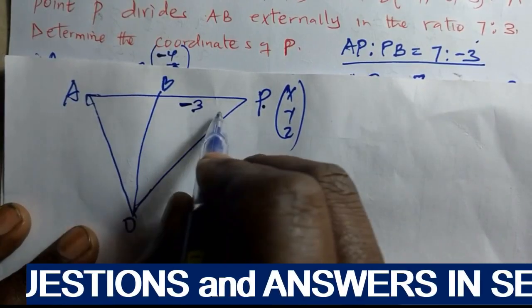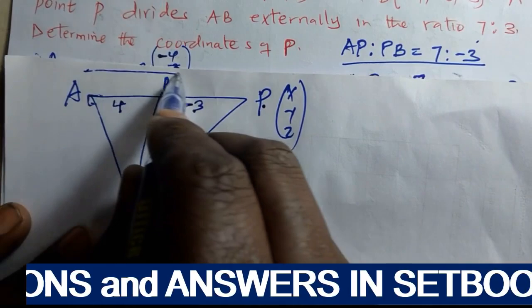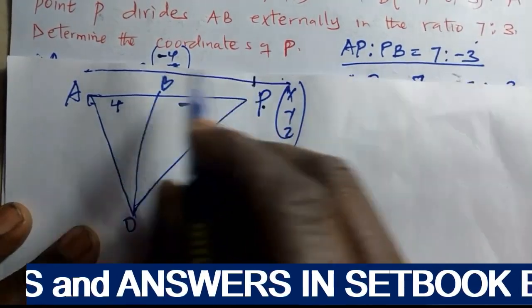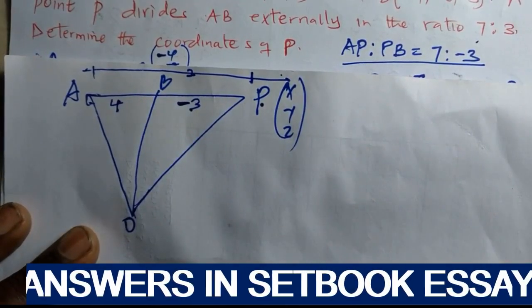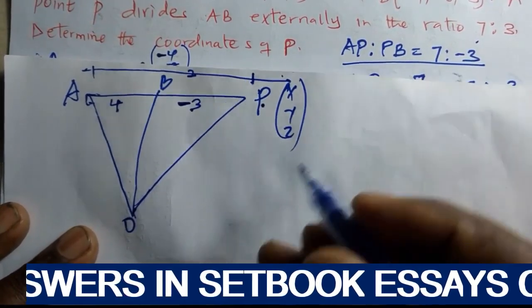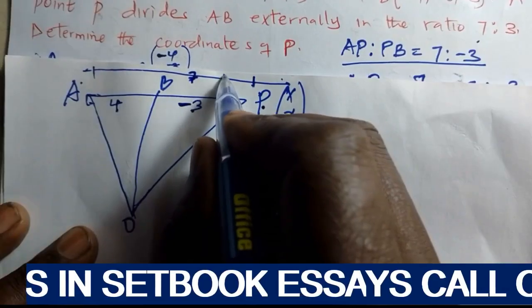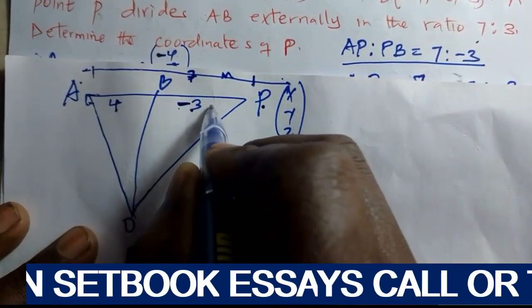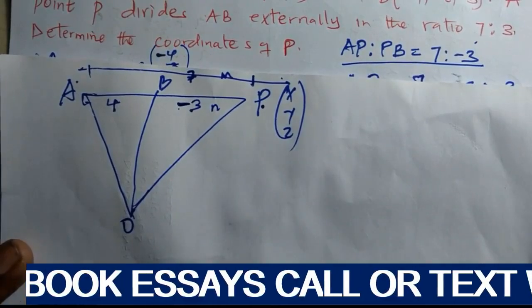And if that is the case, this one is 4. But from here up to here is 7. So if you understand like that, then we will give from here up to here is m, this negative is n. That's how we are going to get our ratio now.